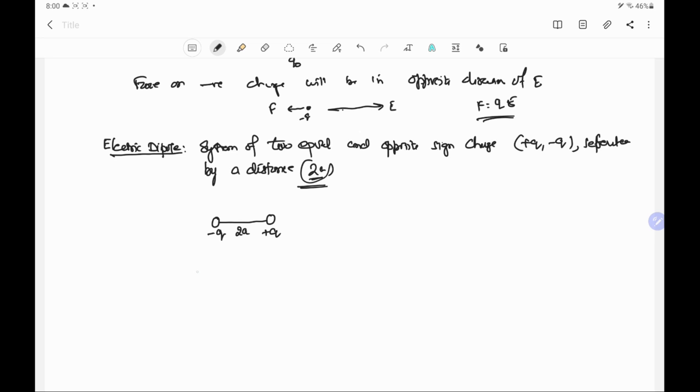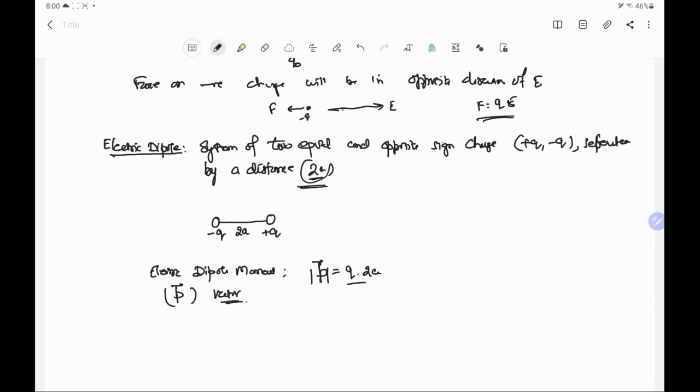This system has one quantity associated with it, that is the dipole moment. Electric dipole moment is represented by P, and its magnitude is Q into 2a. Electric dipole moment P is a vector quantity.